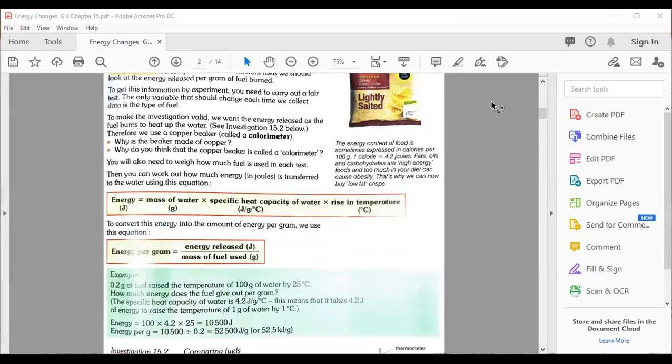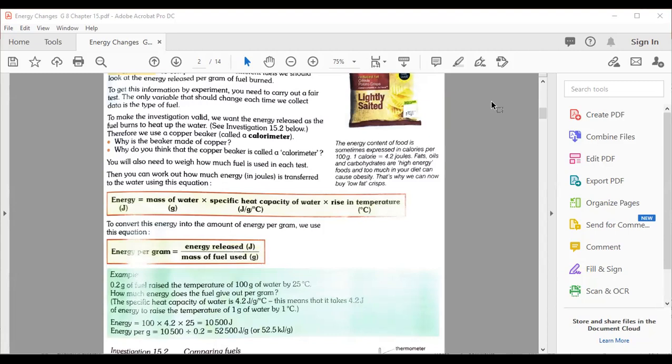Everybody knows that at 100 degrees Celsius, when the temperature of water reaches 100, it starts to boil. In the same way, every material has its own heat capacity. After that, they can't absorb more heat. When the temperature is 100, how much will you increase the temperature? No change in temperature.